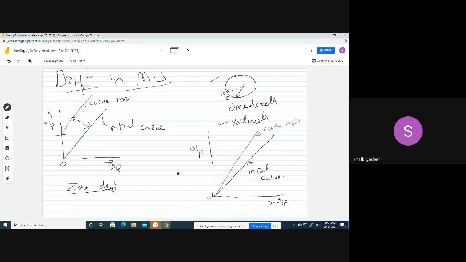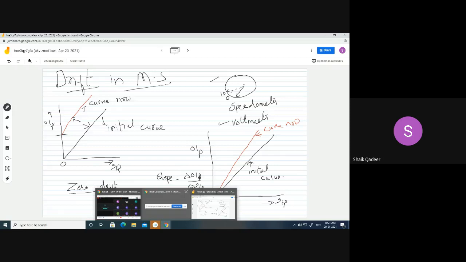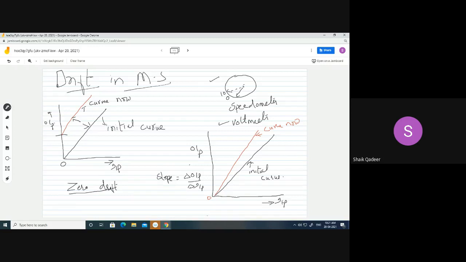What do you mean by slope? y2 minus y1 by x2 minus x1. Yeah, great. In this particular case, can I write like this? Delta output divided by delta input. Yes, sir. Will that be okay? Delta output by delta input. This is slope. Suppose this is slope of the initial curve, marking as 1.